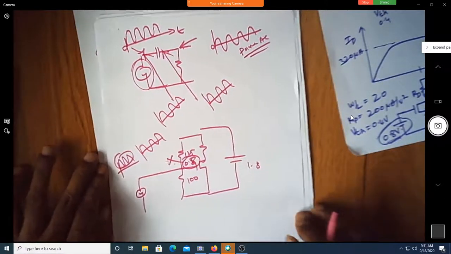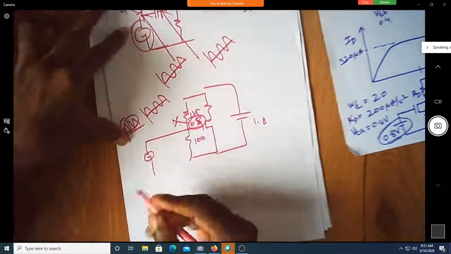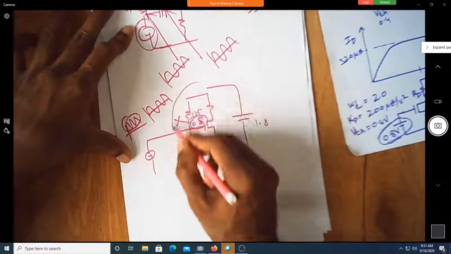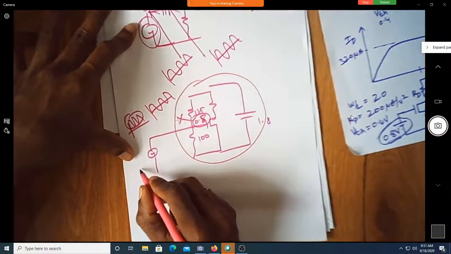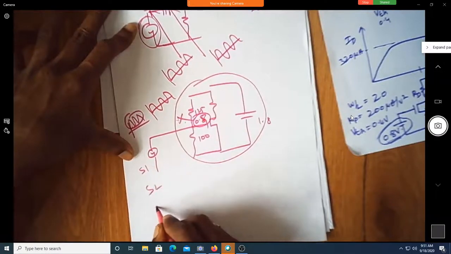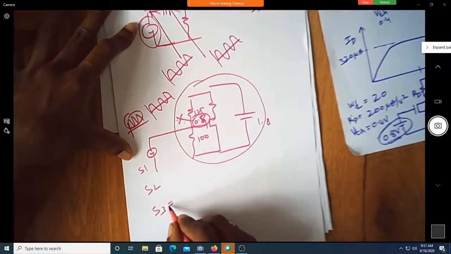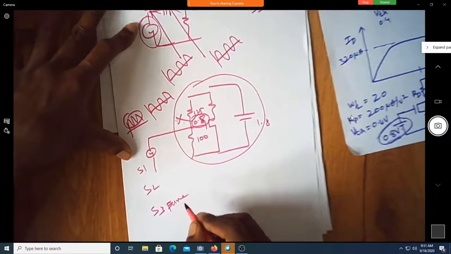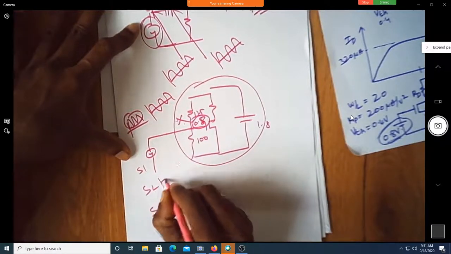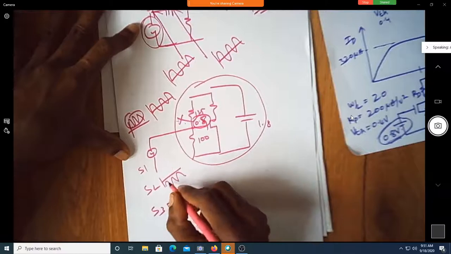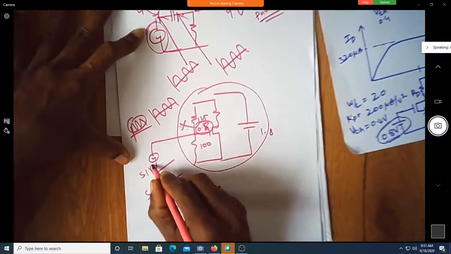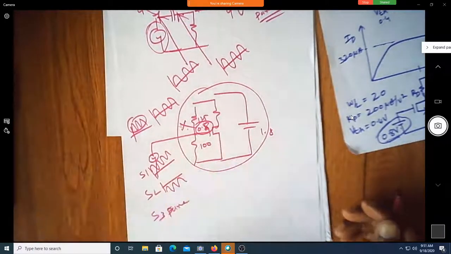See, assume that you have a single amplifier. There are different sources: source 1, source 2, source 3. Assume that this source has got a pure AC signal. Assume that this source has got a signal which is negative DC. Assume that this source has got a signal which is positive DC.